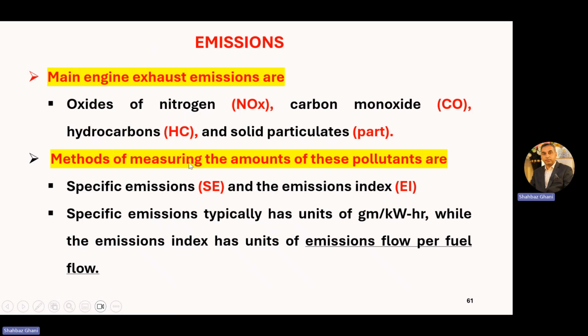Methods of measuring the amount of these pollutants are specific emission, SE, and the emission index, EI. Specific emission typically has a unit of grams per kilowatt-hour, while the emission index has a unit of emission flow per fuel flow.